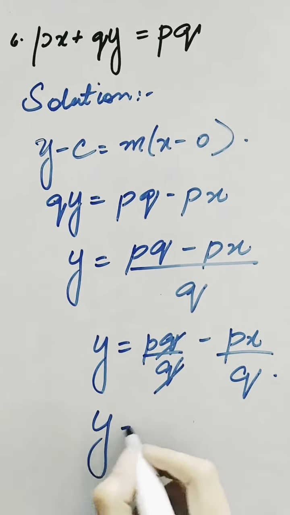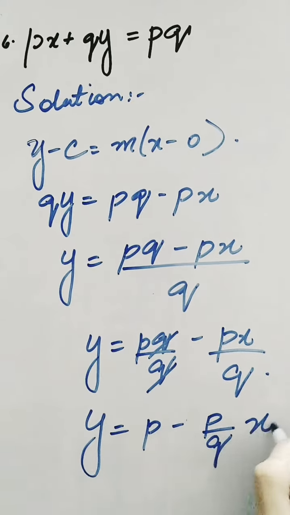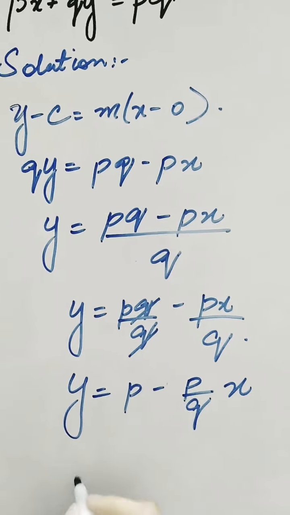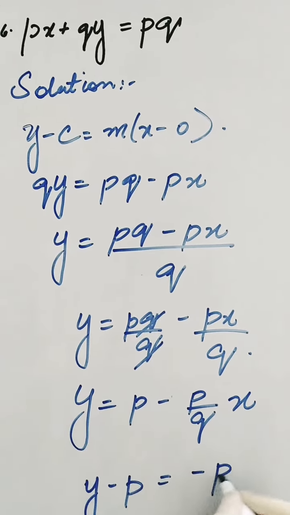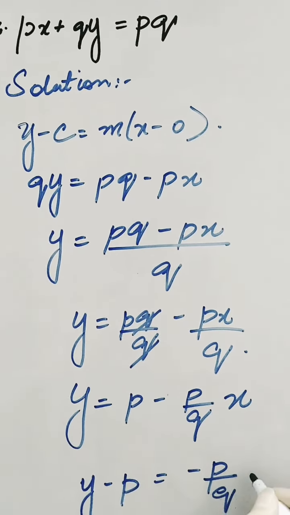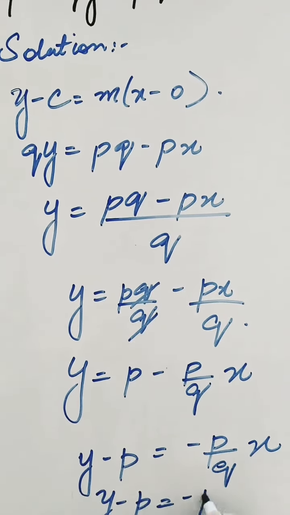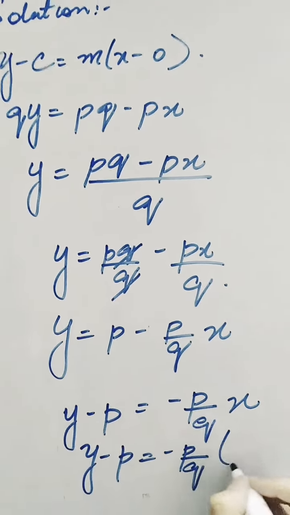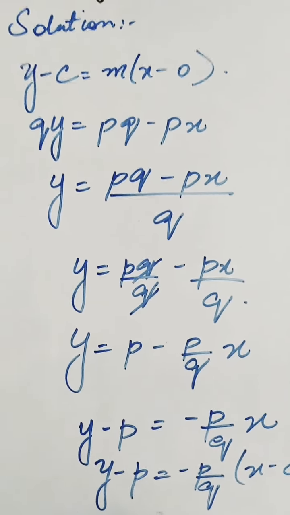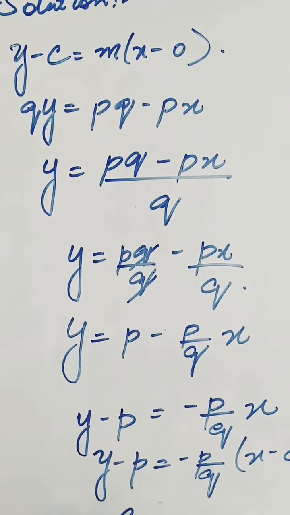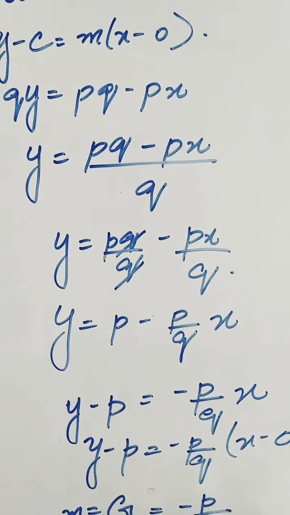So it becomes y equals p minus (p over q)x. This p comes out here: y minus p equals minus (p over q)x, or you can write it as y minus p equals minus (p over q)(x minus 0). So the gradient comes out as minus p over q.